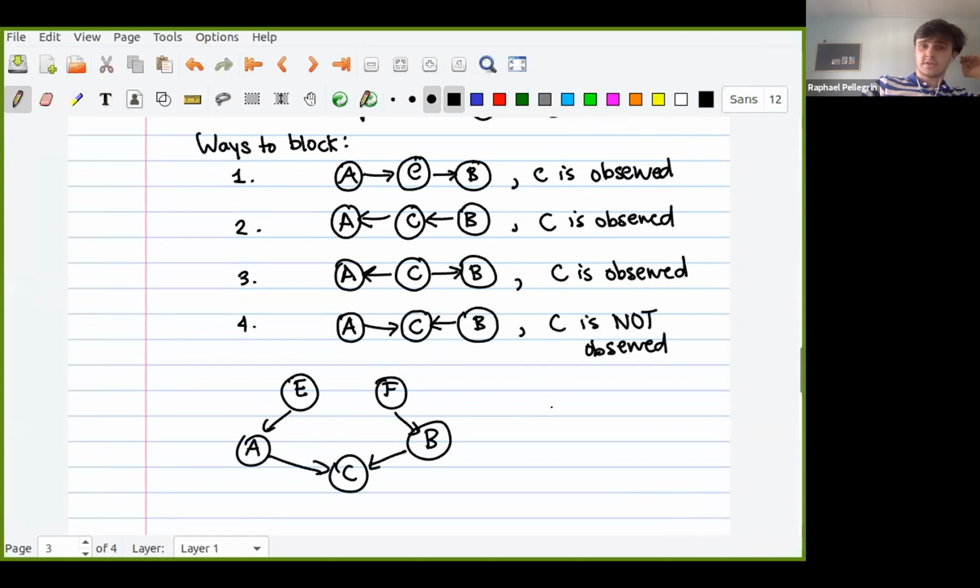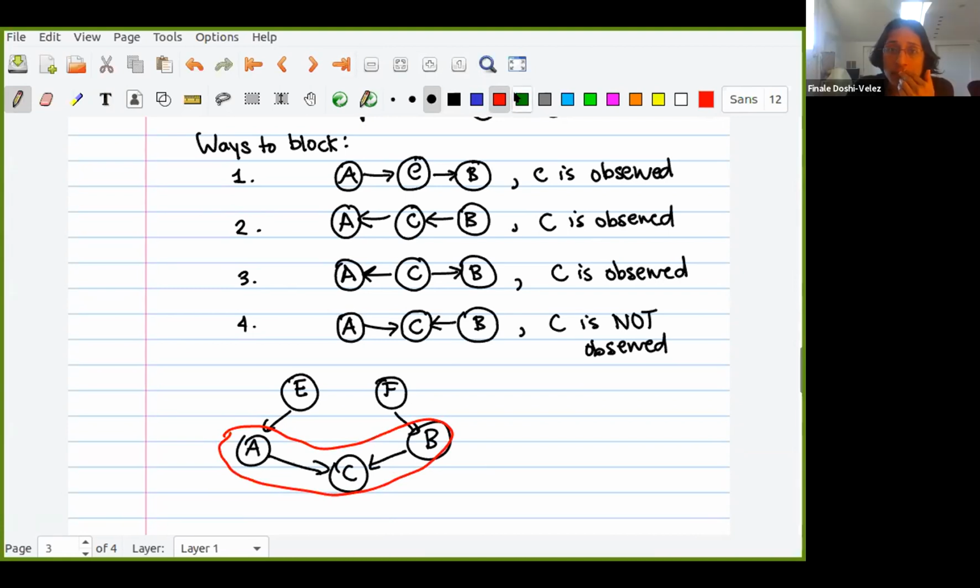So in that case, would A and B be independent given E and F? So right now A and B are independent; there's only one path here between A and B. And if C is not observed, then they stay independent of each other.